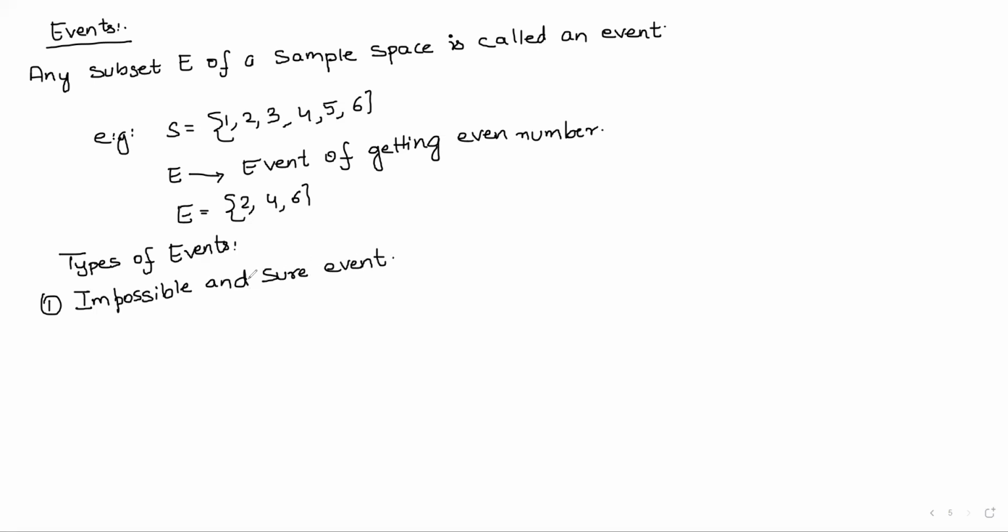Okay, so what's the impossible event? Which can never occur. For example, if we are throwing a die and we are finding the probability of getting 7, then 7 is an impossible event which can't occur.